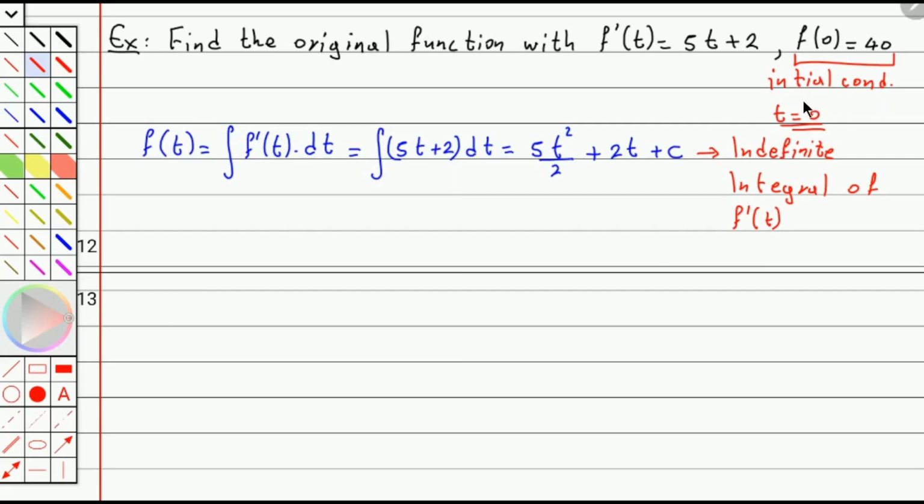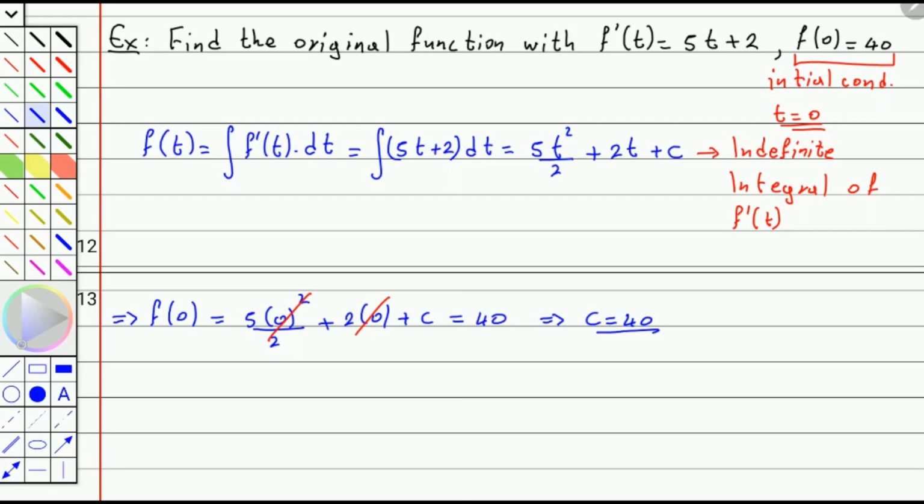Now all we have to do is substitute the initial condition and equate it with 40, and solve for c. Very easily this becomes f of 0 equals 5 times 0 squared over 2 plus 2 times 0 plus c, and this is equal to 40. This is 0, this is 0, and all that's left is that c is equal to 40.